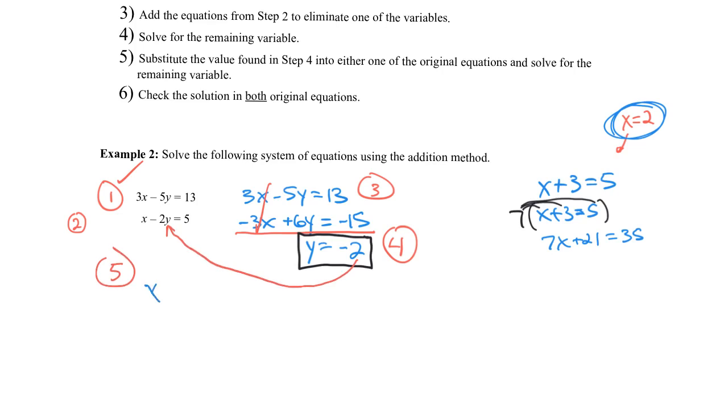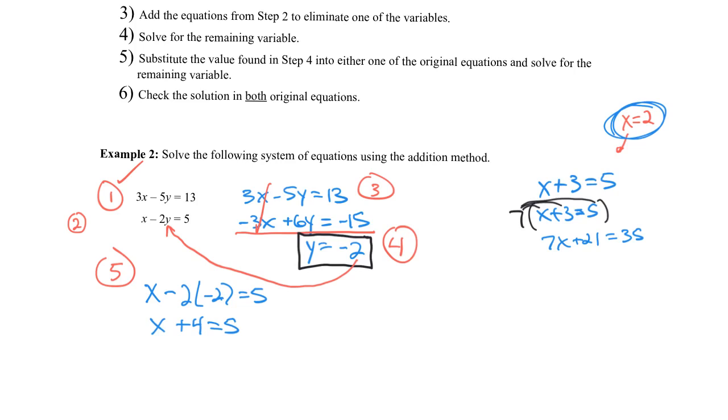So step 5, we get x minus 2 times y, where y is -2, equals 5. All I did, I'm writing this equation, but where I see a y, I'm plugging in -2 because y equals -2. So then you just solve, so you would get x plus 4 equals 5, because negative times negative is positive.